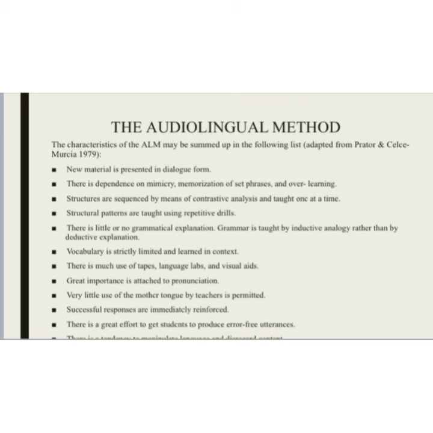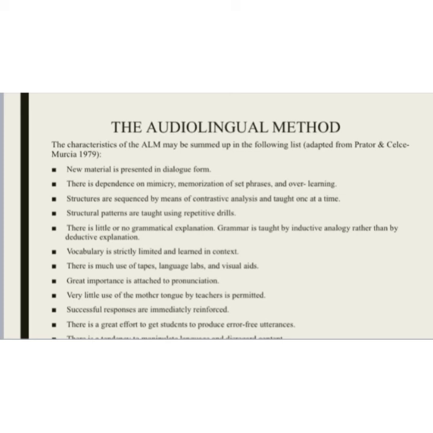The fourth is structural patterns are taught using repetitive drills. The next is there is little or no grammatical explanation. Grammar is taught by inductive analogy rather than by deductive explanation.